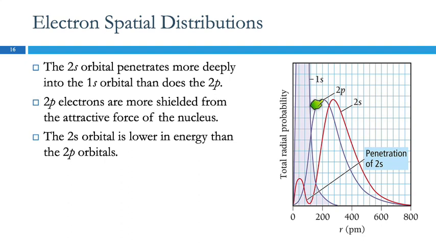If we look at the 2p orbital, it does not penetrate as much into the 1s orbital. So this 2s orbital, that electron can get in closer to the nucleus and not be as shielded compared to the 2p electrons. And so what this does is it causes the 2s sublevel to have lower energy than the 2p sublevel, because these electrons can get in.